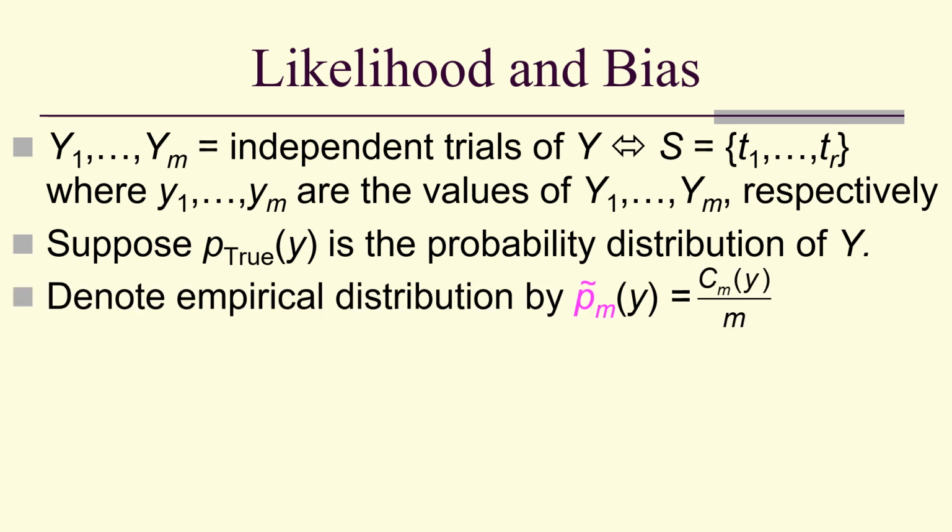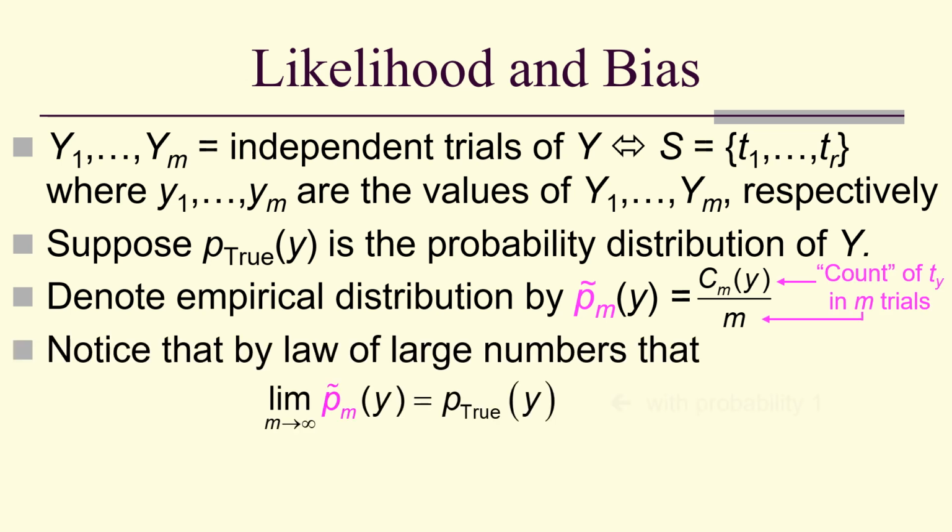Our empirical distribution, I'm also going to write in terms of Y, and that's the count of the number of times that we get T sub Y in M trials. That's our empirical distribution. By the law of large numbers with probability 1, the empirical converges to the true.